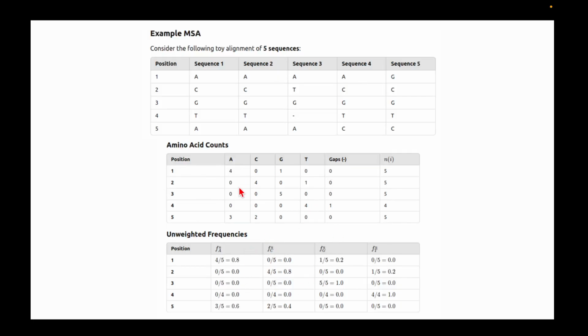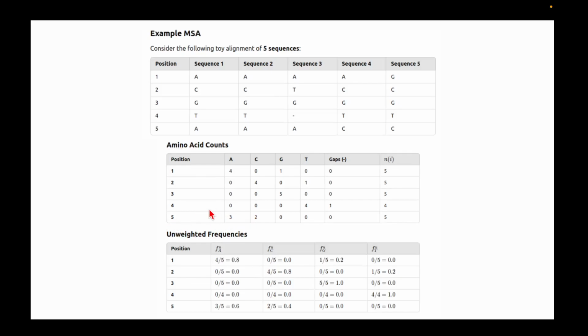Then the frequency is the number of alanines divided by the total number of aligned positions. So we have 4 alanines divided by 5, the number of aligned positions. The frequency of alanine at position 1 is 0.8. Similarly, in position 2 we observe 0 alanines, so the frequency is 0.